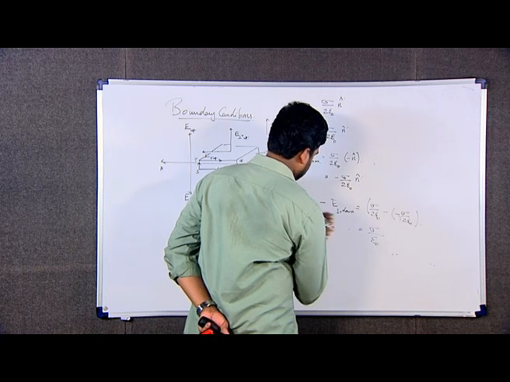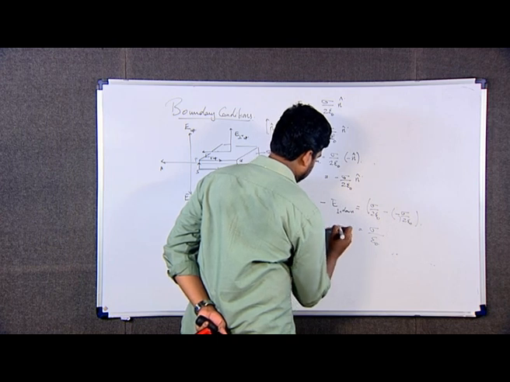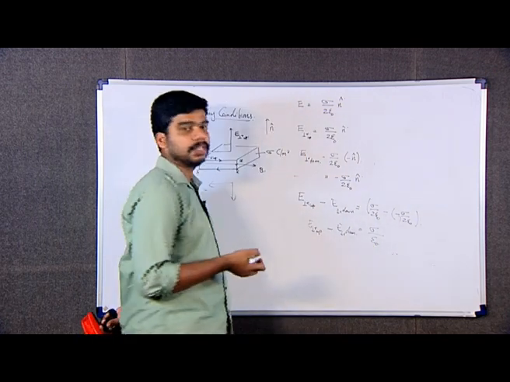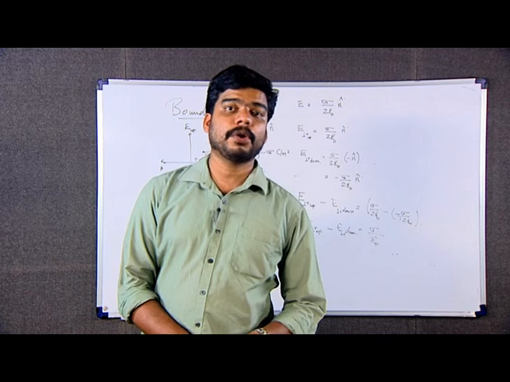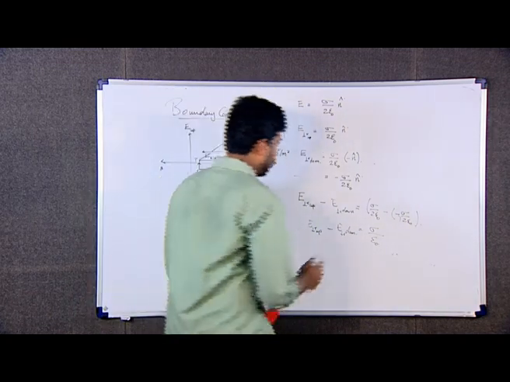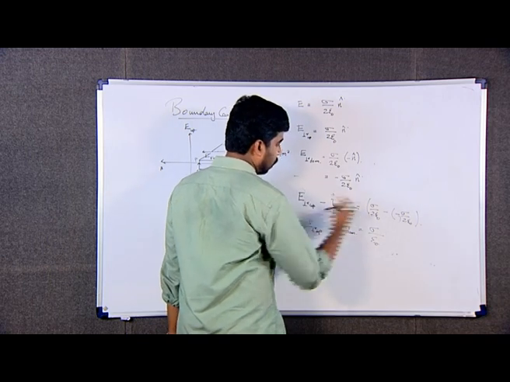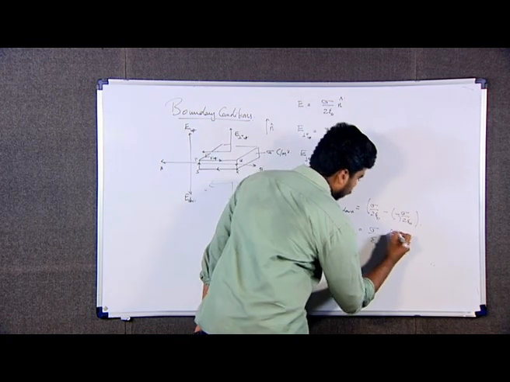That means E perpendicular up minus E perpendicular down is discontinuous at the boundary. That means they vary by an amount of sigma by epsilon 0. I was talking about the magnitude; if you want to express the direction, in vector form, you should write it with n cap.